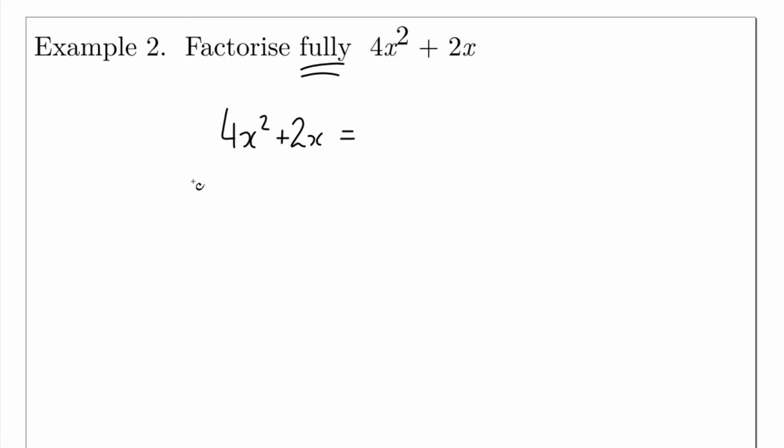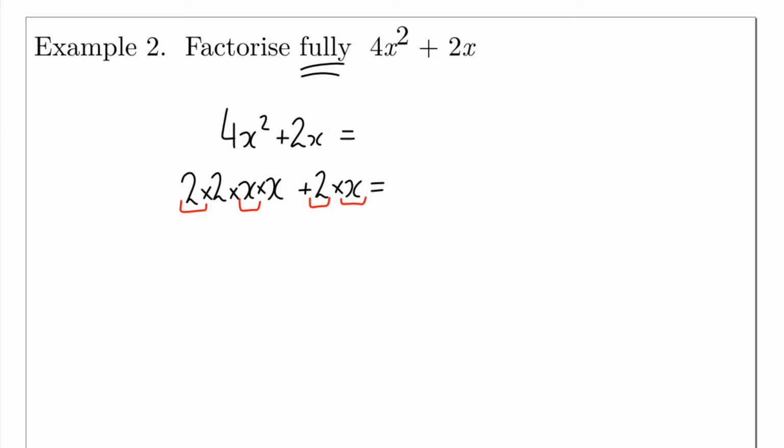So 4x squared can be written down as 2 times 2 times x times x, and 2x can be written as 2 times x. And what we see is that we have 2 common factors. The 2 and the 2 is a factor of both terms, and the x and this x is a common factor in both of those.